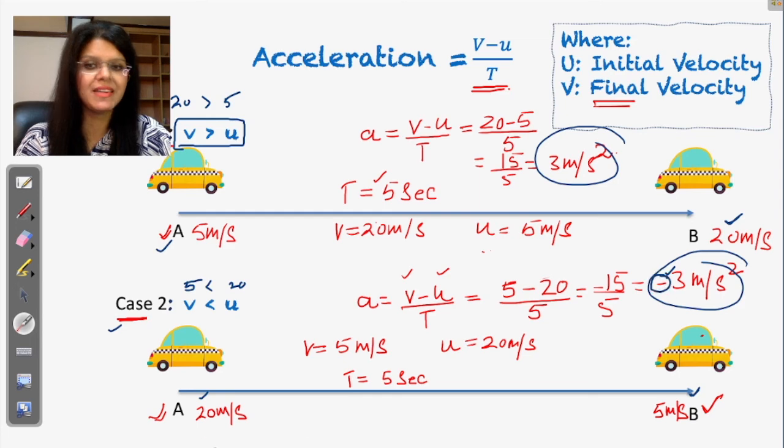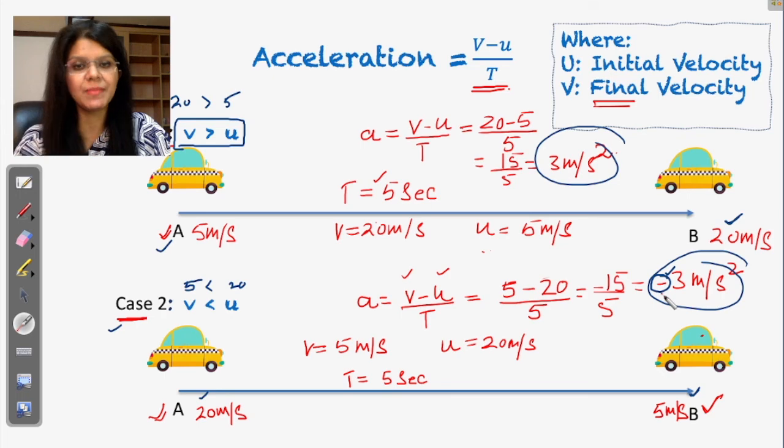Negative sign means you are speeding down. That means you are decelerating. That's why if the negative sign just disappears from your answers, you'll never get to know what is happening. Keep the signs intact. Try to arrive at the correct sign because it will give you a meaning. It will give you a reason.